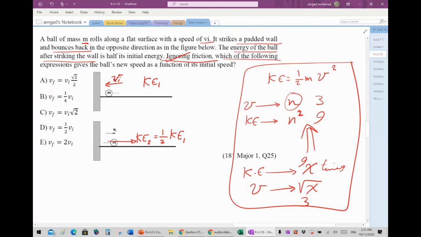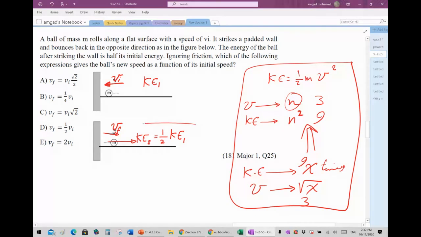Which of the following expressions gives the ball's new speed as a function of its initial speed? That's very easy. I need a relation between the new speed, v final, and the initial speed, v initial. What do you think? Root 1/2.